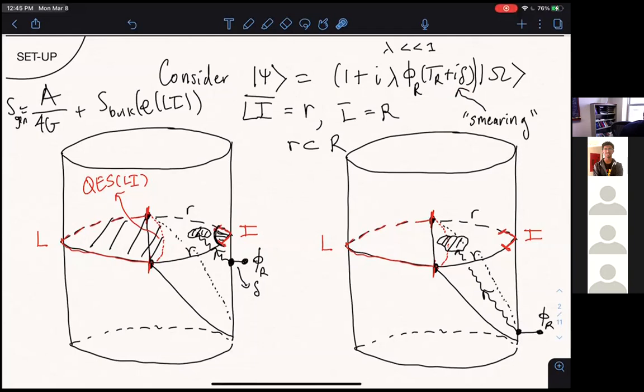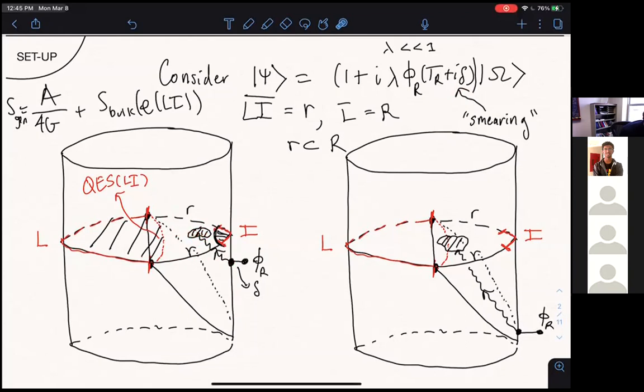And the bulk picture is that a particle very near the boundary is going to fall into the bulk, and on this time t equals 0 time slice, it has some support, which I've represented by this blob here, okay? So there's some support for the excitation in the bulk, and as I move back, the position of this excitation should move deeper into the bulk, roughly speaking.